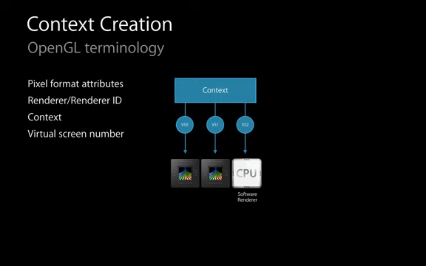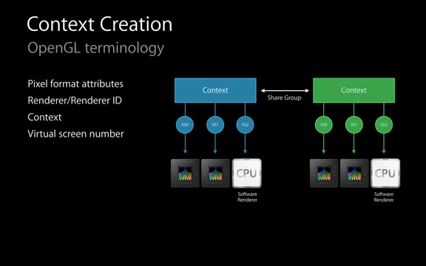Now, the last piece of terminology I want to go over in OpenGL before we start talking about OpenCL is the share group. If you have a context, and remember, a context is that state container, and you want to set some state and create some objects, and then maybe you decide that you need another thread to do some OpenGL work, and maybe it's going to have slightly different state, you can create another context that has the same set of renderers in it and can share objects, such as buffers and textures.